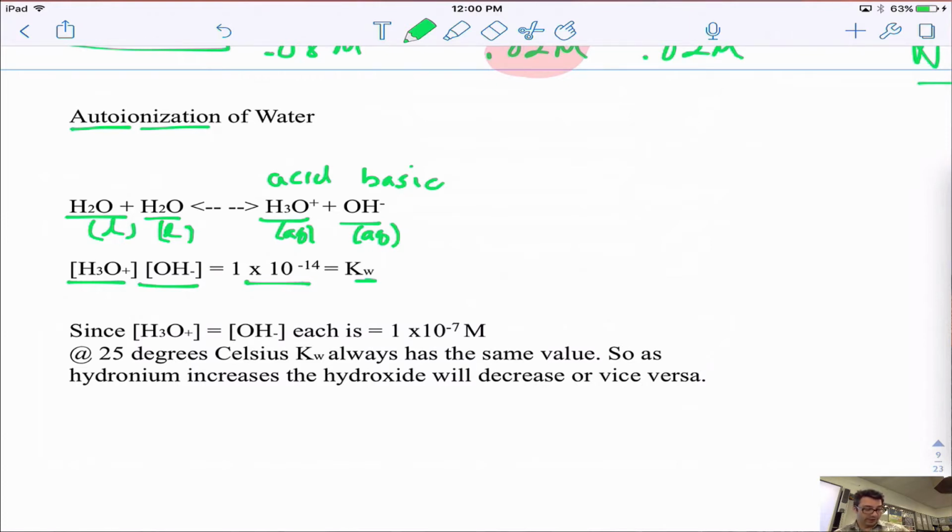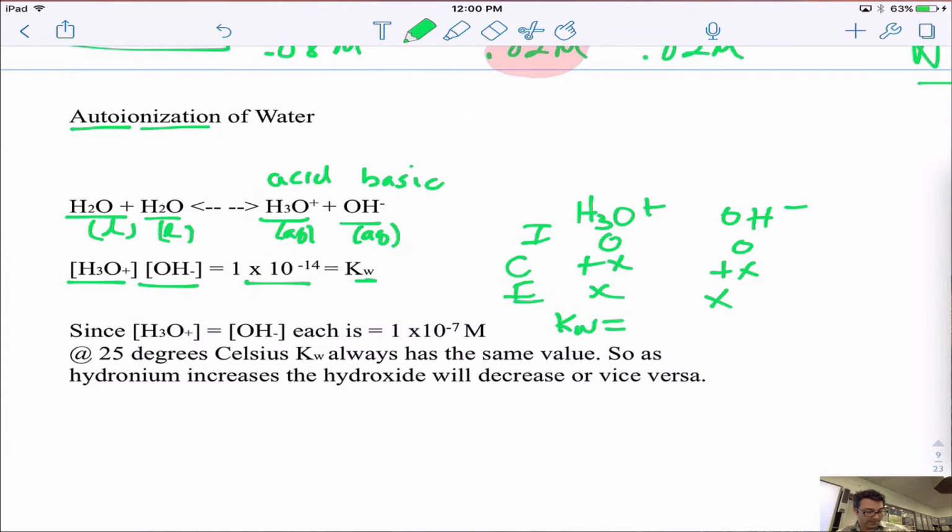Now if I were to do a little ICE table for this and have my H3O plus and my OH minus, I would start off with each one being 0, then change would be plus x, plus x, and so my Kw would be equal to x squared.